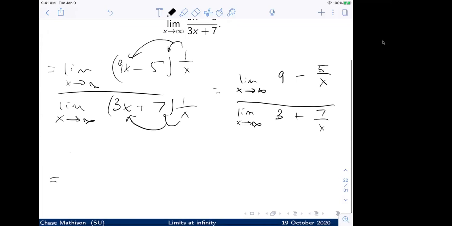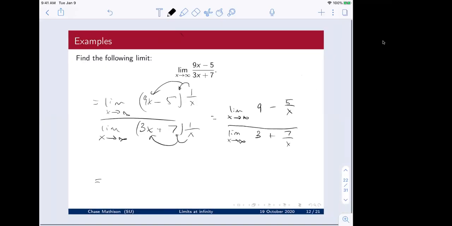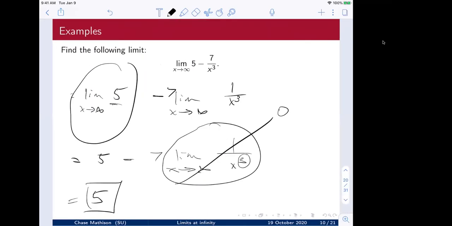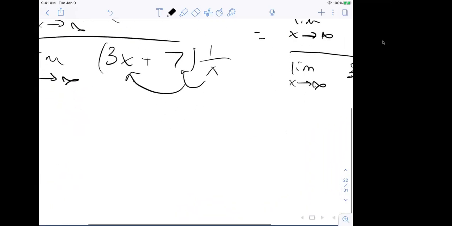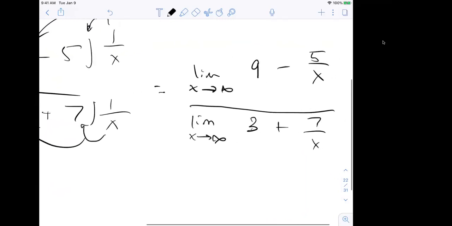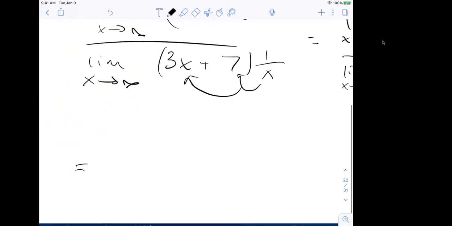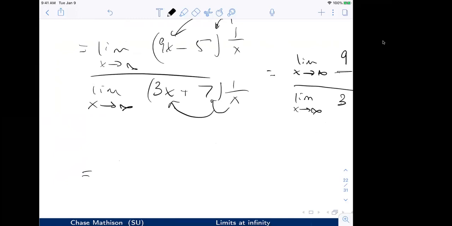what's the top limit? The limit as x approaches infinity of 9 minus 5 over x. This is very similar to the one we just did, right? So what's the limit as x approaches infinity of just 9? That's just 9. Yes, this is equal to 9.